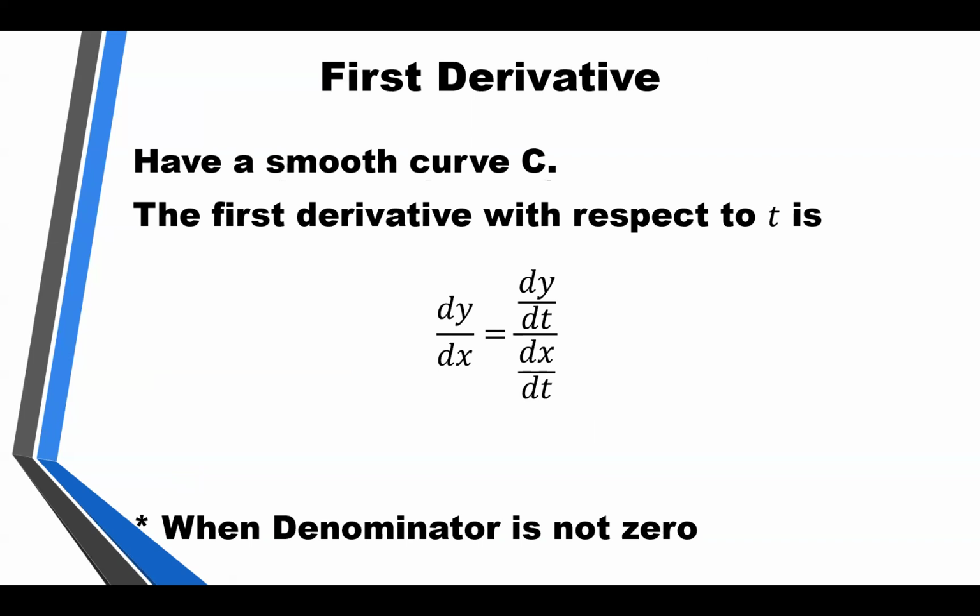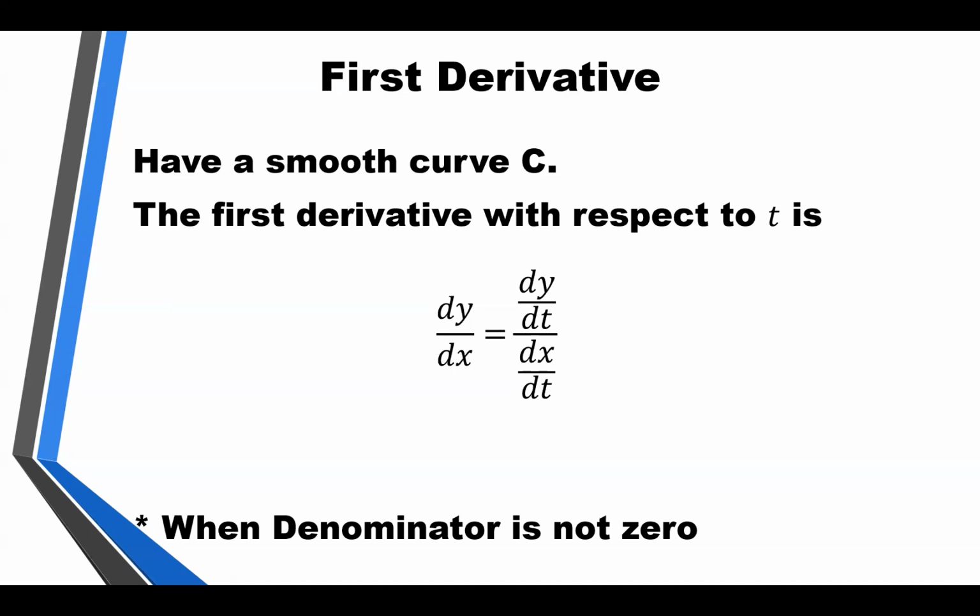Now, the first thing we're going to look at is the derivative, or in this case, the first derivative. Assume that we have a smooth curve, which we'll call C, and this curve is a parametric curve.